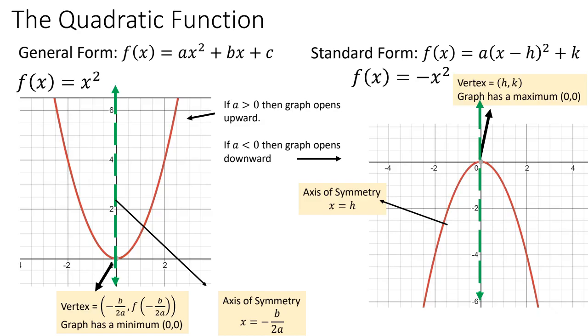Another feature that these parabolas have is the axis of symmetry, which is represented with this dotted green line. The axis of symmetry is always going to be x equals the x coordinate of the vertex. That's why we write it as x equals negative b over 2a, or if it's in standard form, we write it as x equals h.